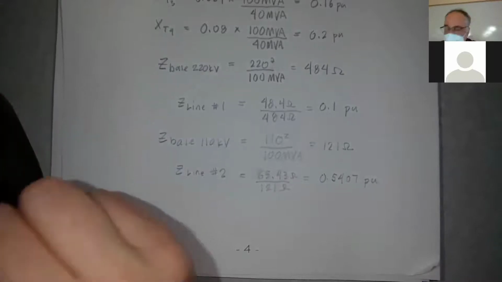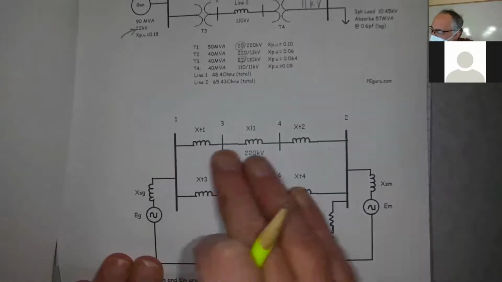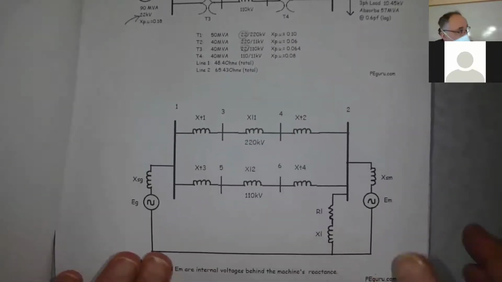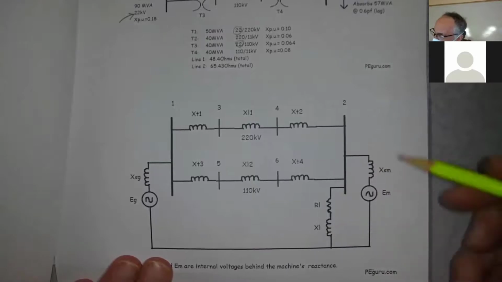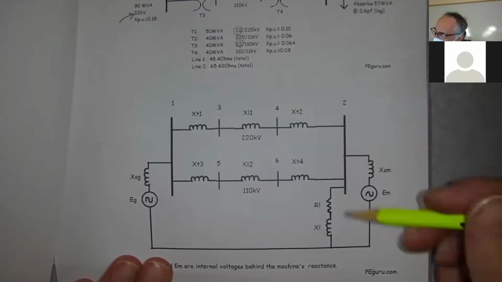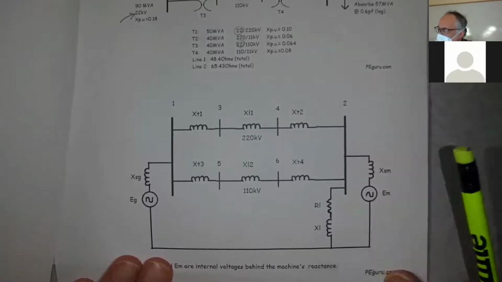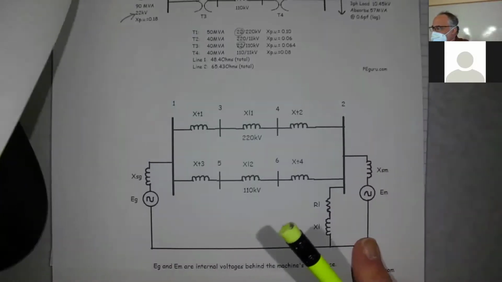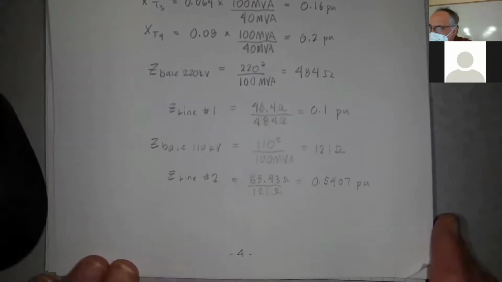Questions on that? So we've got all the impedances here for this guy. What we're left with are these two guys over here. Does that make sense? So we've got to come up with a number for the motor.